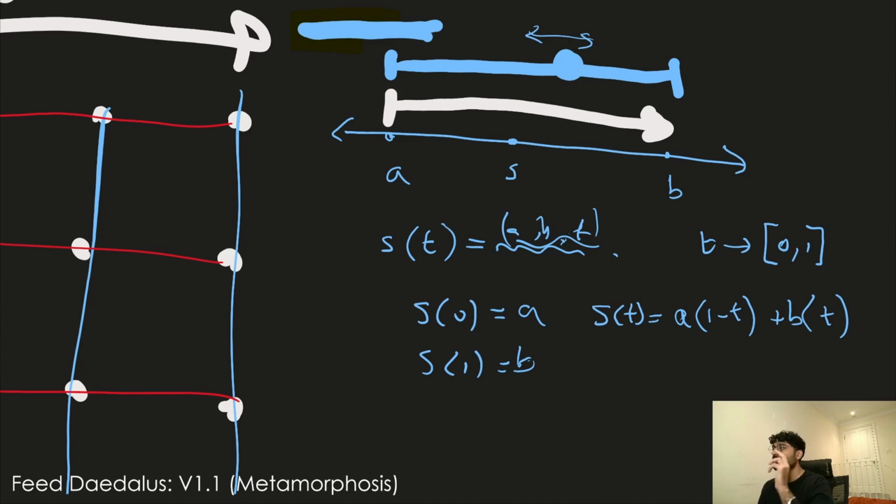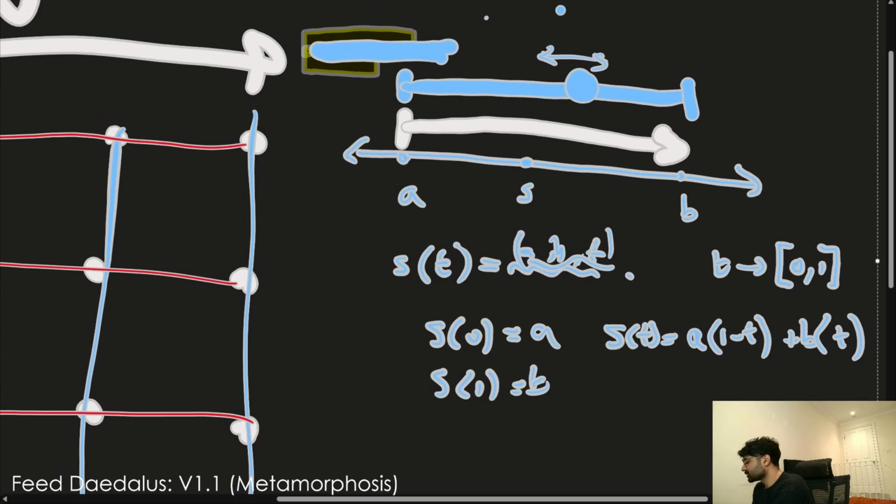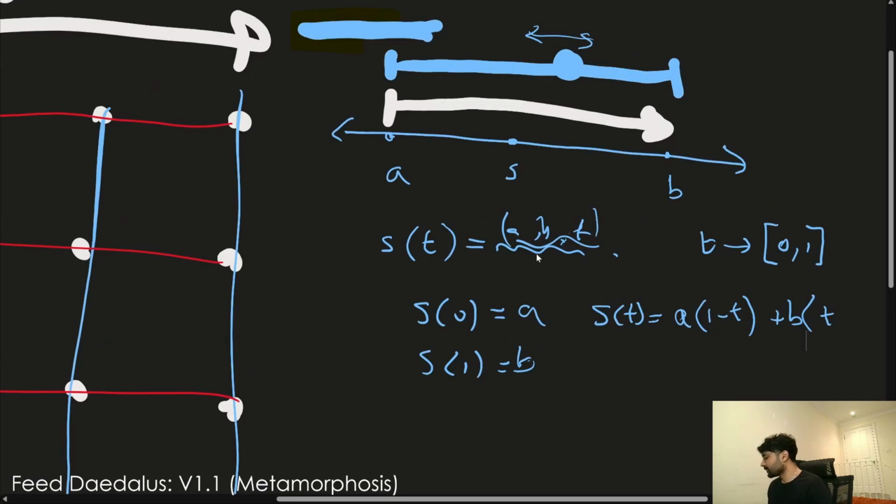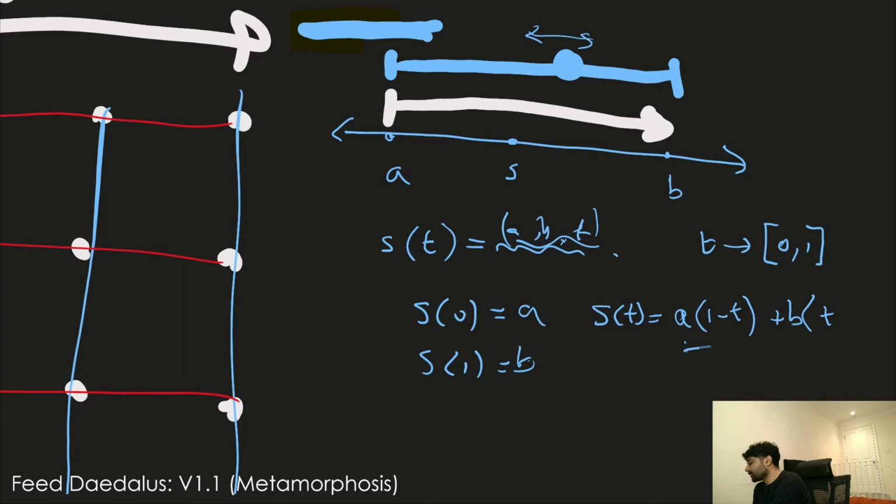Now, what's happening is, you can see here, this first term, if we look at it, when T is 1, that whole term is A times 1 minus 1, which is 0. So that becomes 0.